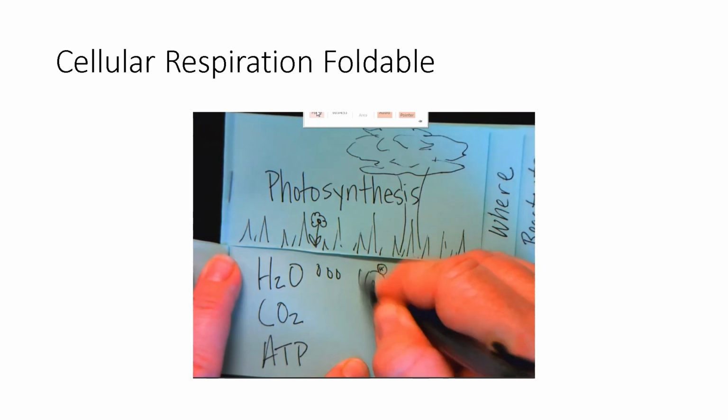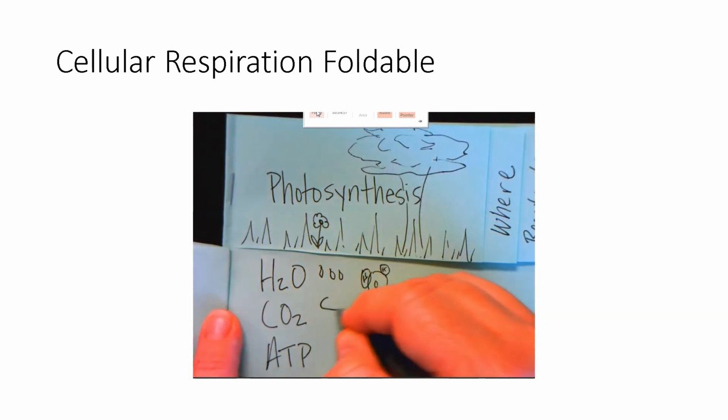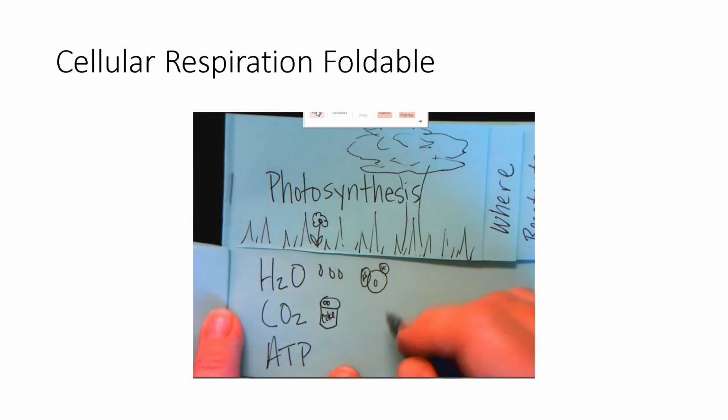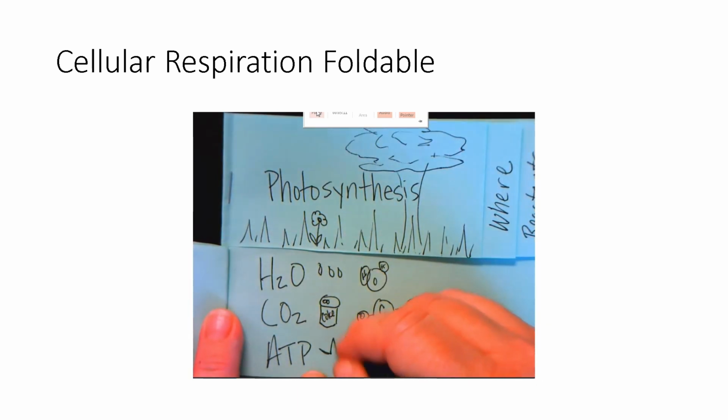It looks like Mickey Mouse, and that was bad, but okay. I'm going to draw the soda, Coke bottle. Again, the carbon in the middle with two oxygens on the side. And then my energy star of ATP, something kind of out of the cartoons. I'm not very good at it.